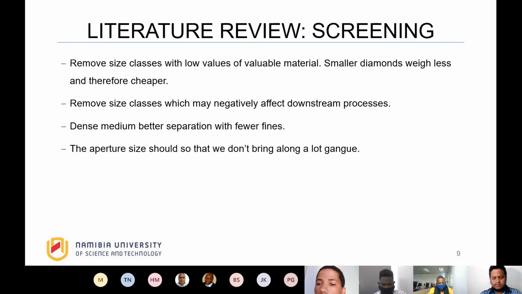So your diamonds will be more concentrated in the middle part than at the extremes to your left or to your right. The more you go to the smaller side, you will recover more fines, but there will be more gangue. The same goes when you try to recover larger particles: you have to take a lot of gangue with it as well.